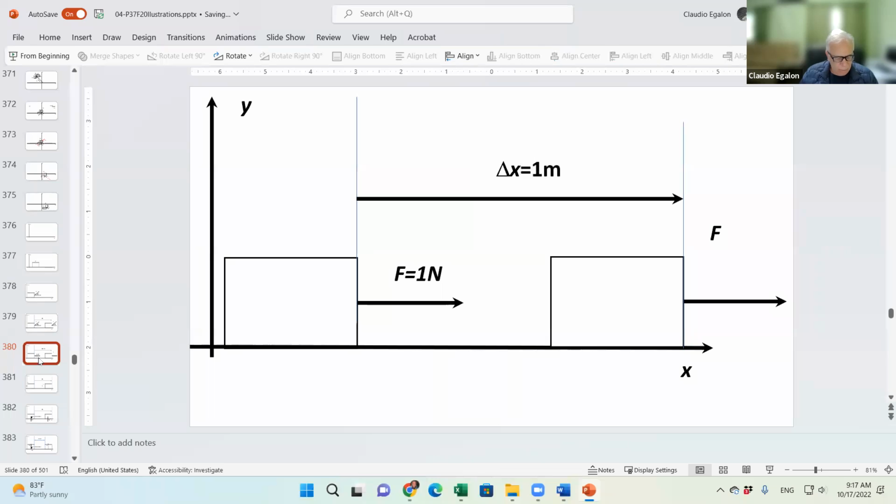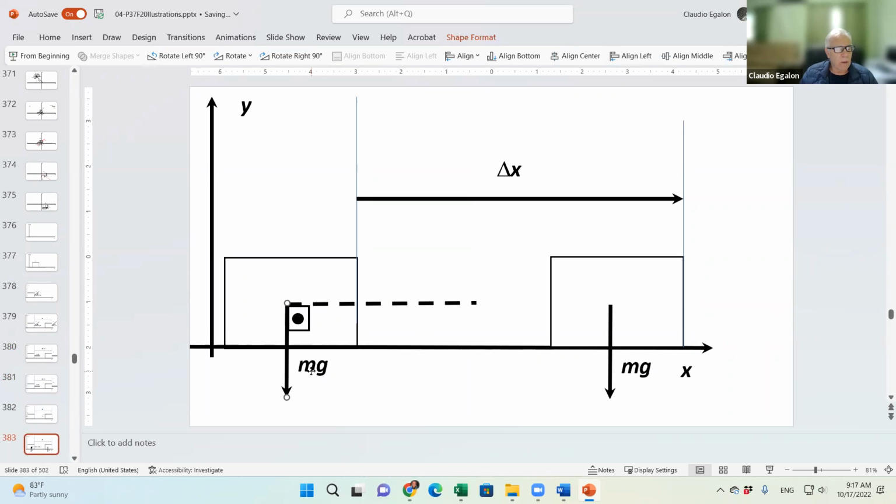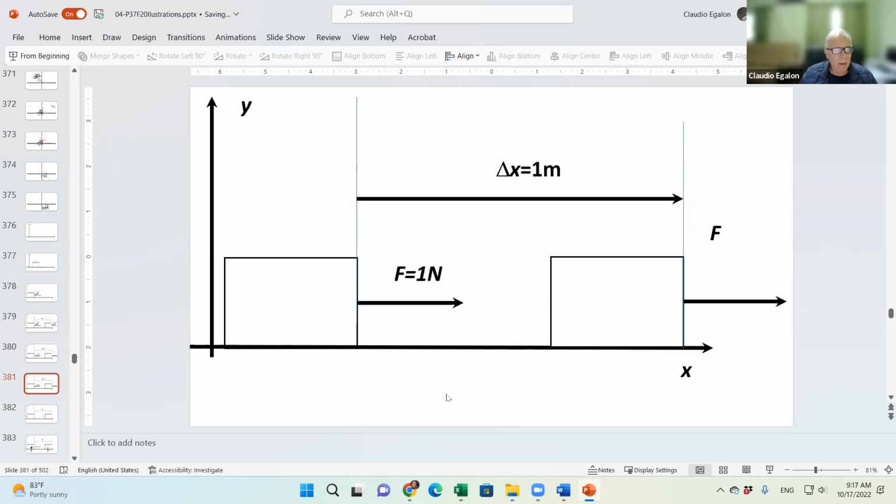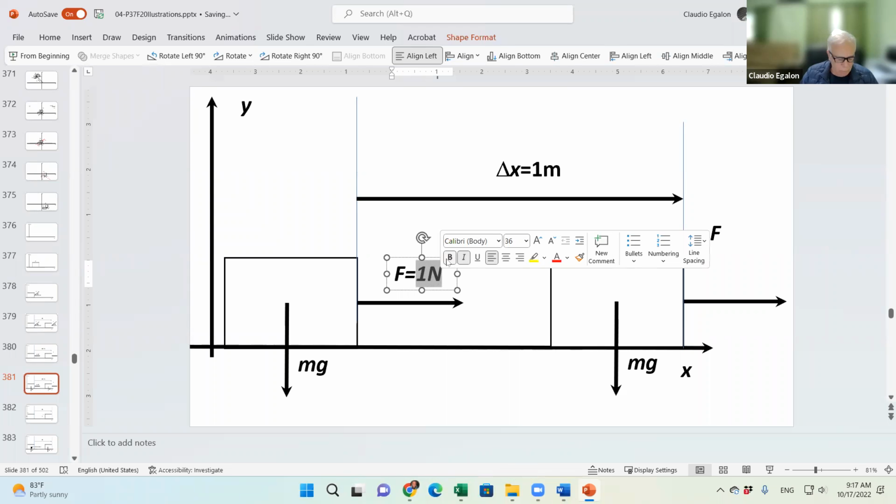But while this force is acting on the body, you are going to have simultaneously the weight also applied to the object. It doesn't matter what the value of your force is, 1 Newton, 2 Newtons, this weight is always going to be there. So although the work done by this force of 1 Newton is going to be 1 joule, the work done by the weight is going to be 0 joules.